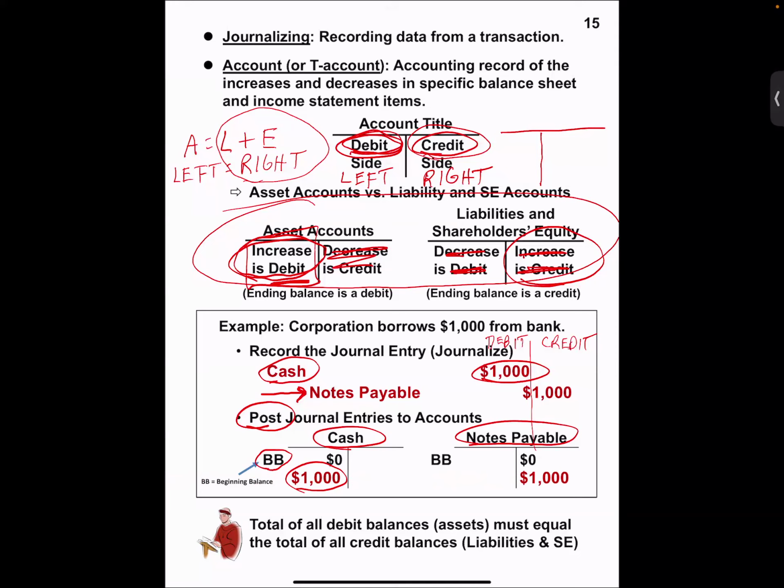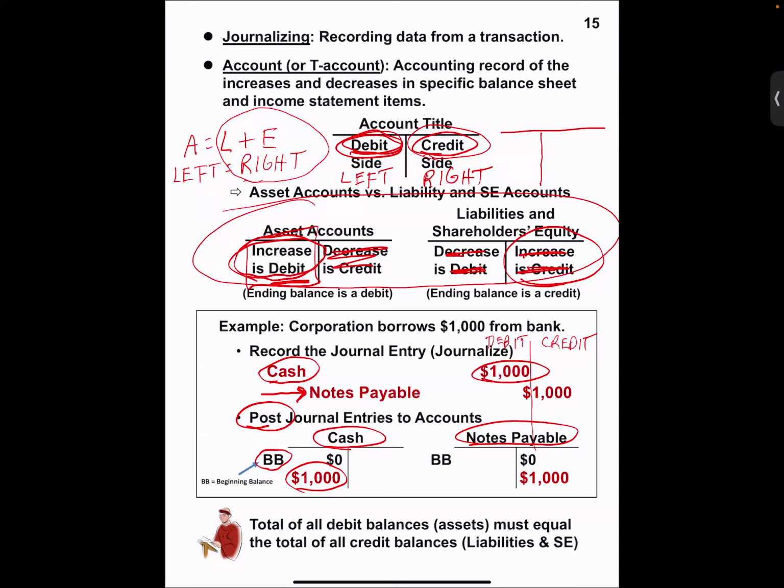So we say at the end of this transaction, cash would have a debit balance of $1,000, notes payable would have a credit balance of $1,000. Okay. One thing to note, every time we do a journal entry, the debits must equal the credits. So total debits must equal total credits. We see here that's the case. We have $1,000 in debits, $1,000 in credits.